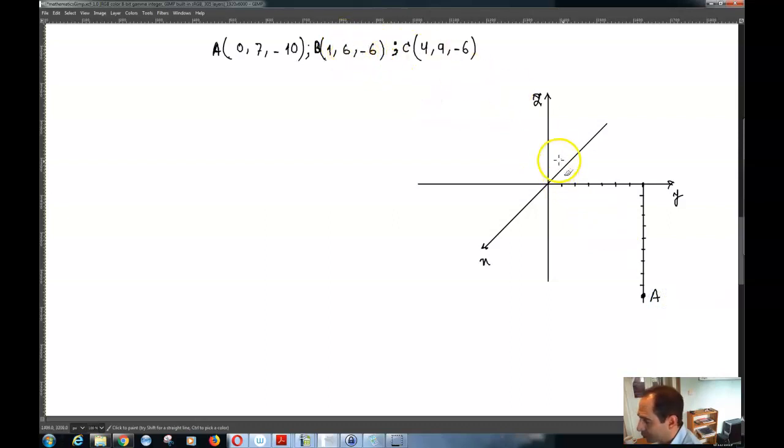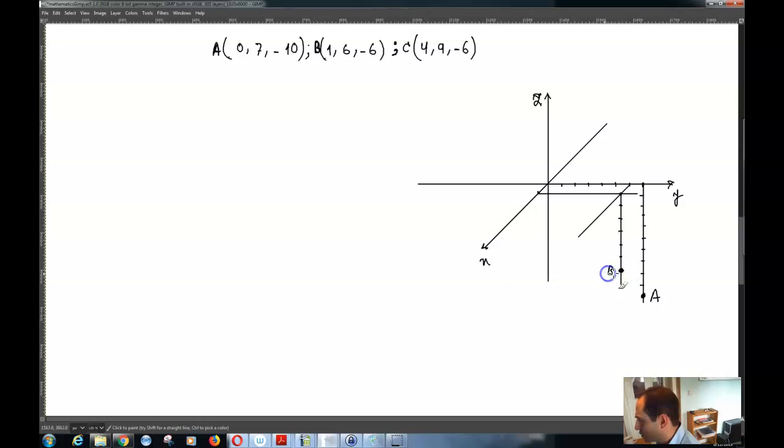Then you have the point 1, 6, negative 6. 1, and 1, 2, 3, 4, 5, 6. Negative 6: 1, 2, 3, 4, 5, and 6.